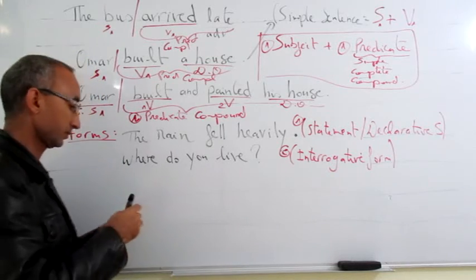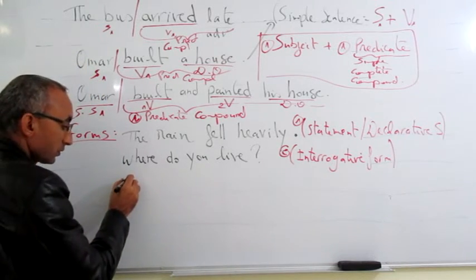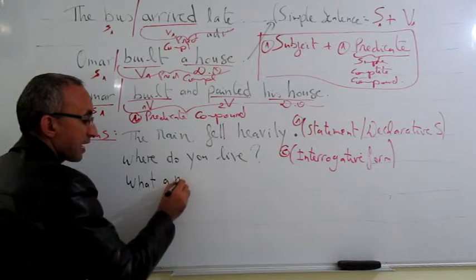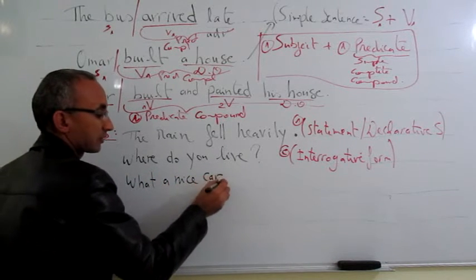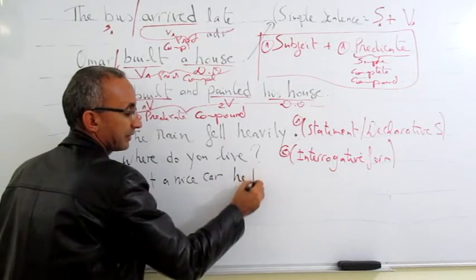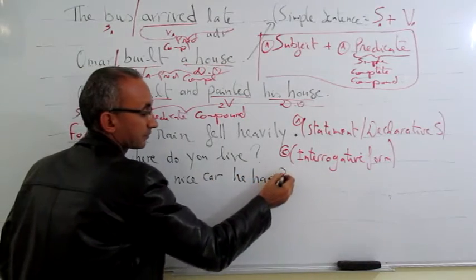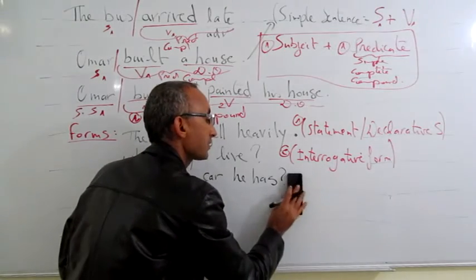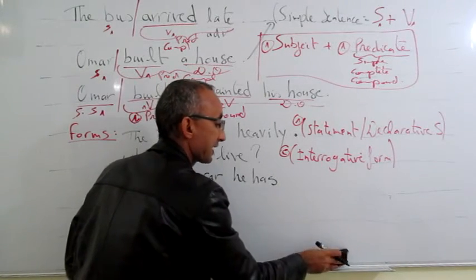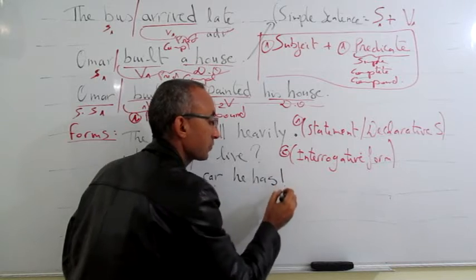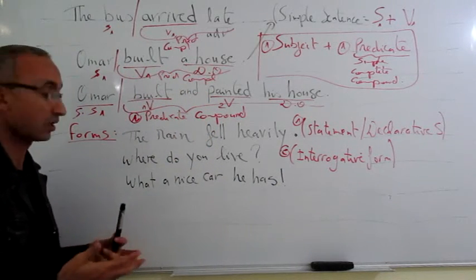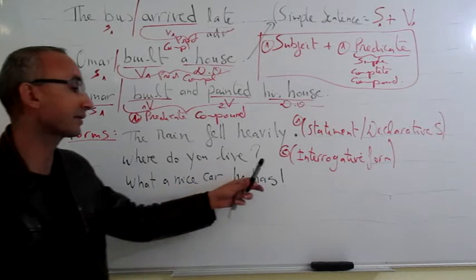So I write: What a nice car he has. Here I'm expressing surprise, admiration. What a nice car he has.